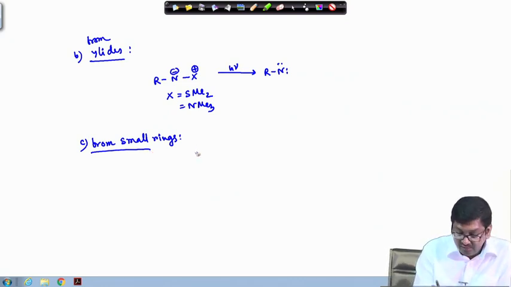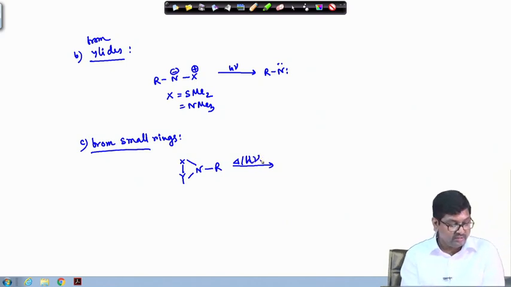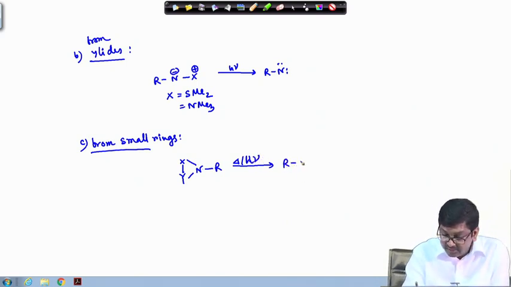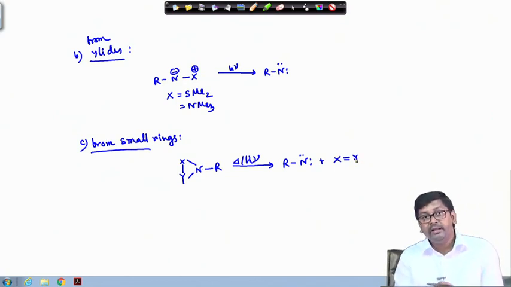Similarly, here if we have this type of ring, for example with X, Y, under thermal or photochemical conditions that gives the nitrene plus some small molecule that will be eliminated.